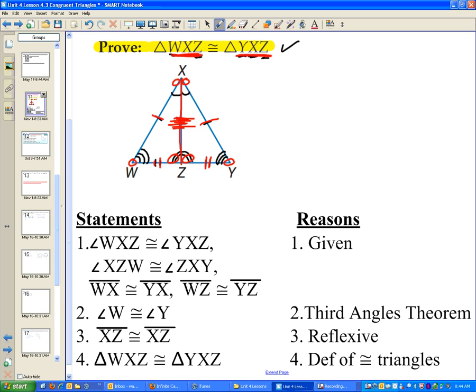The fourth and final statement: triangle WXZ is congruent to triangle YXZ. And the reason I know that is true is because of the definition of congruent triangles. Our definition said that all 6 pairs of corresponding parts had to be congruent to prove the triangles are congruent.